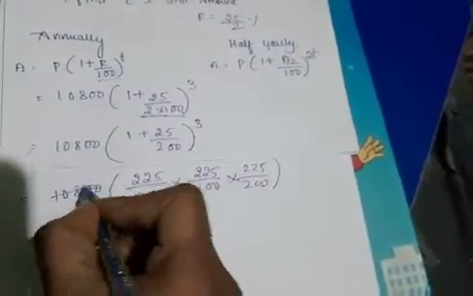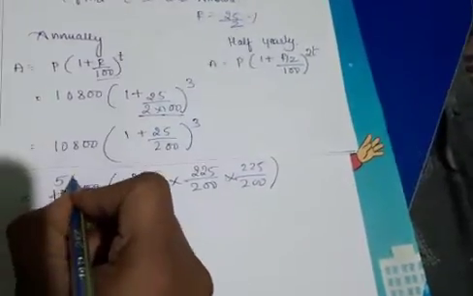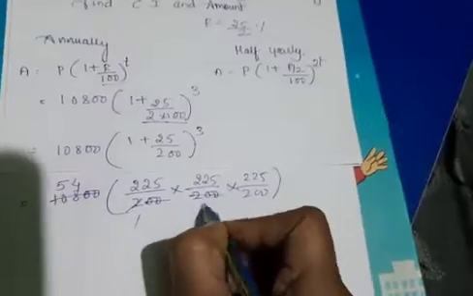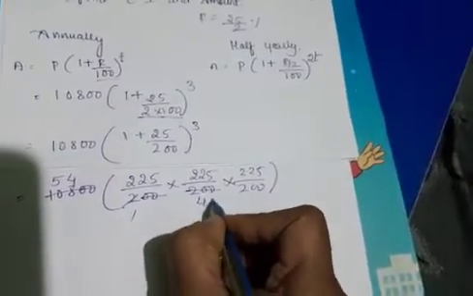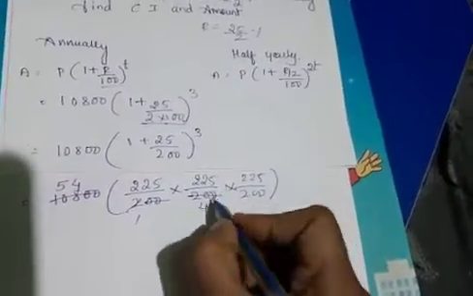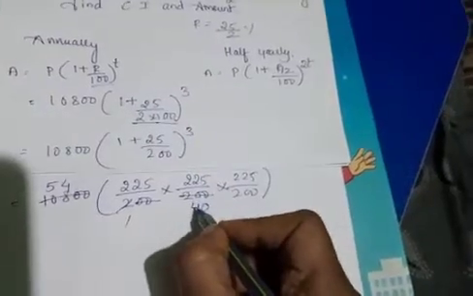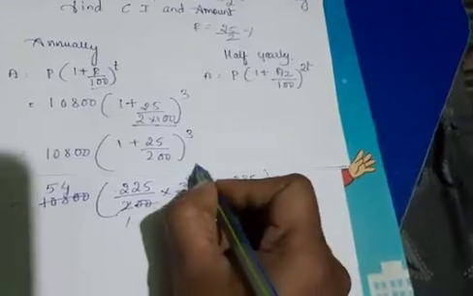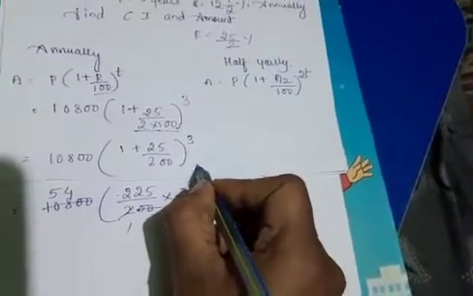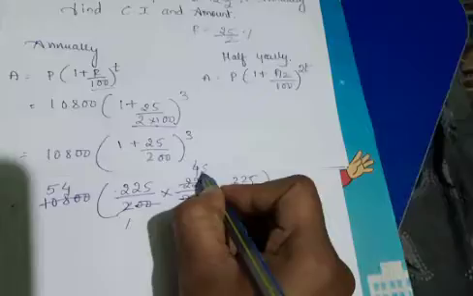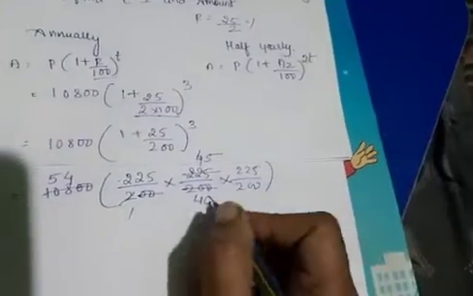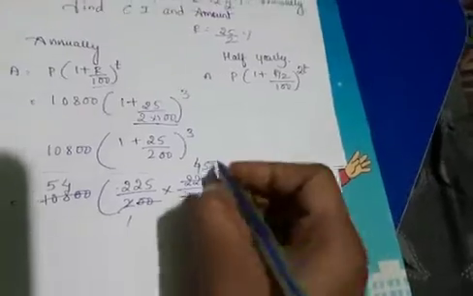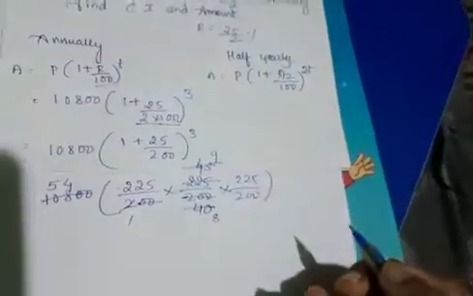2 ones are 2, 5 twos are 10, 2 fours are 8, and then again with the 5 table, 5 fours are 20, 5 fours are 20, 2 left, 5 fives are 25, 5 eights are 40, 5 nines are 45.